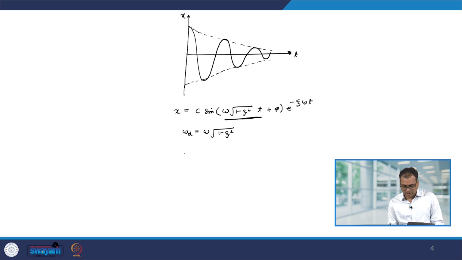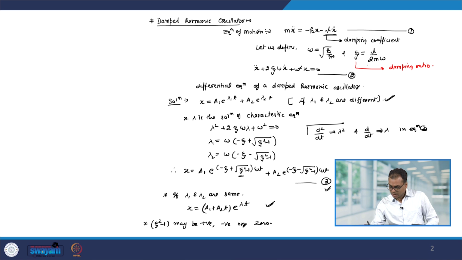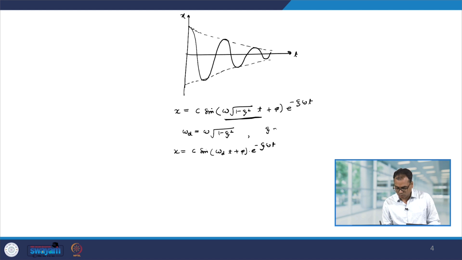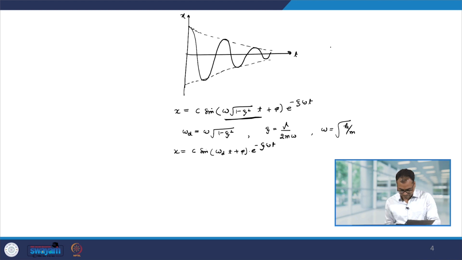Then the above solution can be written as x equal to c sine omega d t plus phi into e to the power minus zeta omega t. Okay. And note that what is zeta? Zeta is defined as gamma over 2m omega, the damping ratio. So, zeta was gamma over 2m omega and our omega was square root k by m.